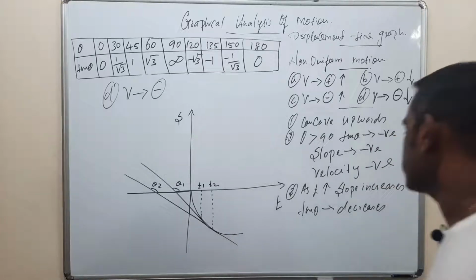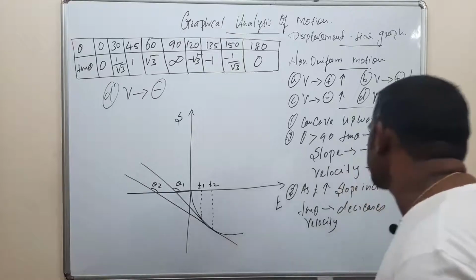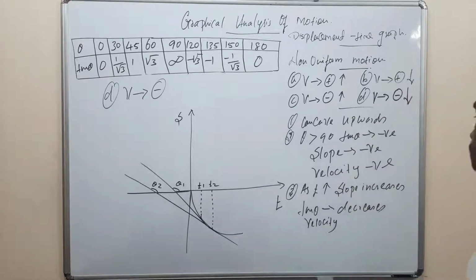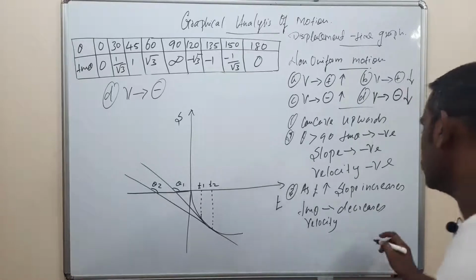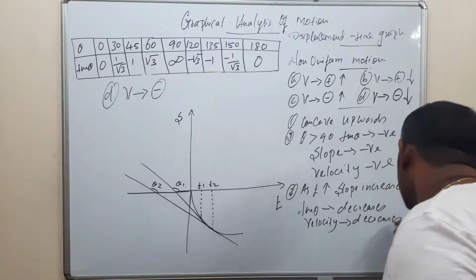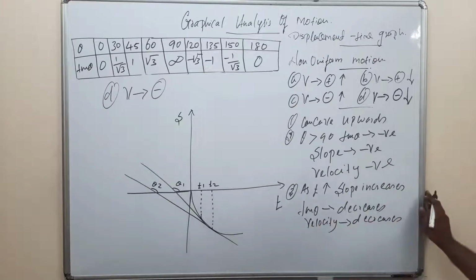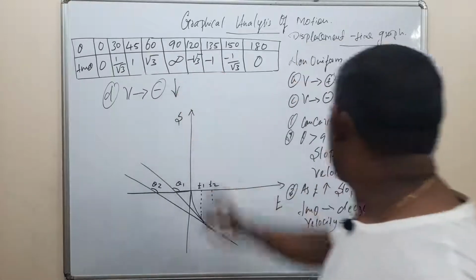Tan theta decreases means velocity decreases. So negative decreasing.